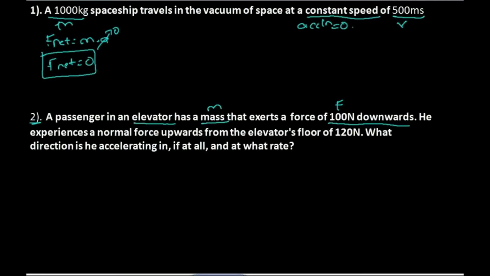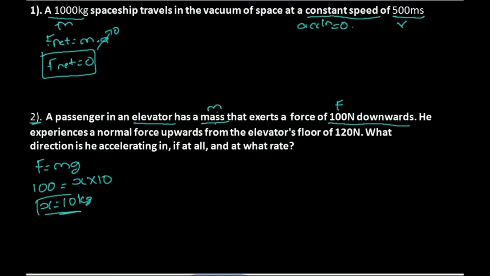They have not given the mass; they have given the downward force acting. Considering the equation F is equal to mg, the force is clearly mentioned as 100 Newton, the mass we need to find, and g would be 10. So the mass is equal to 10 kg.